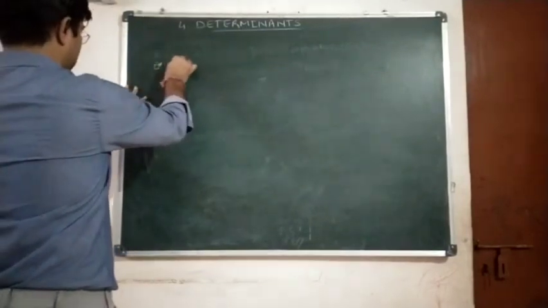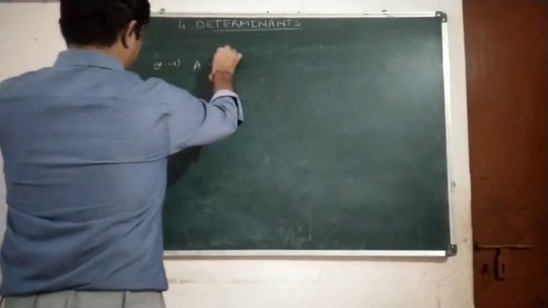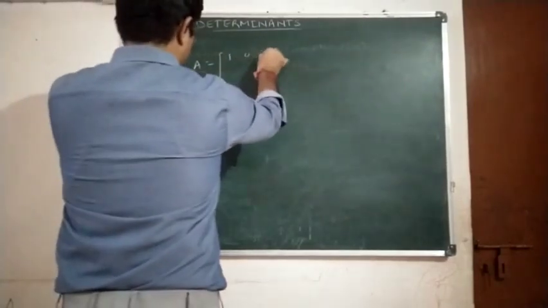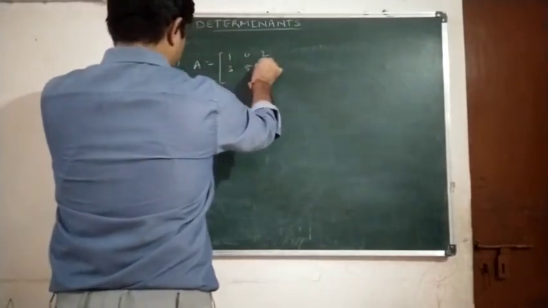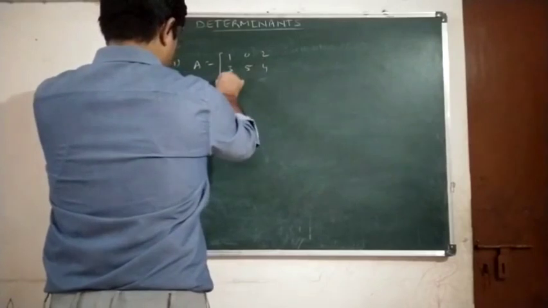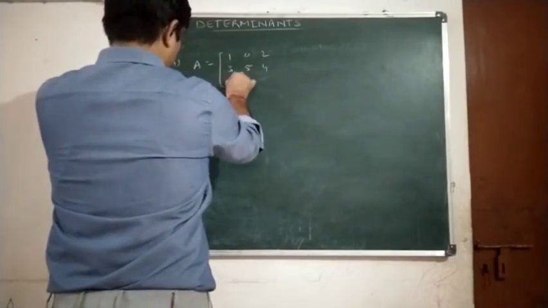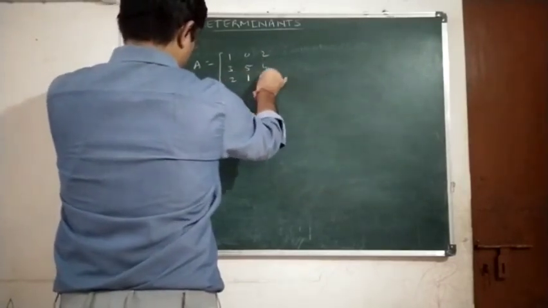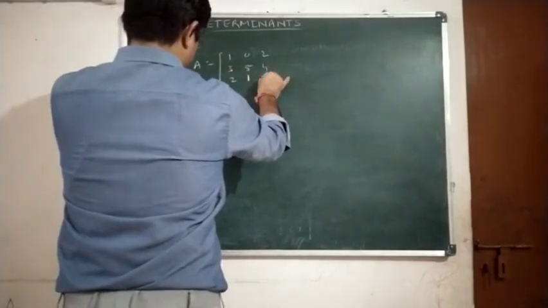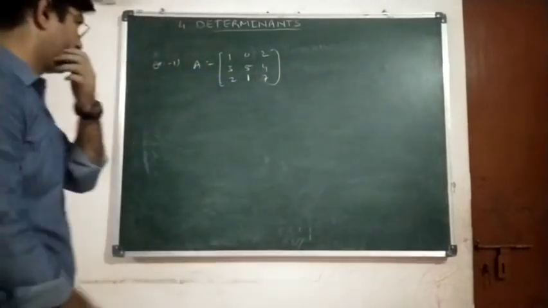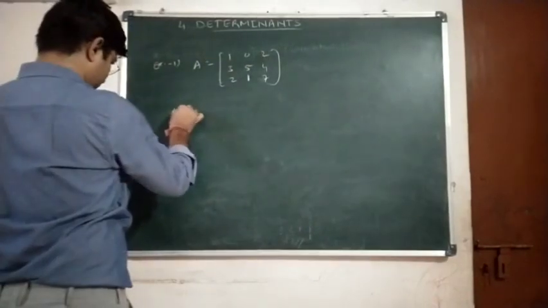We consider matrix A: 1, 0, 2, 3, 5, 4, 2, 1, 7.